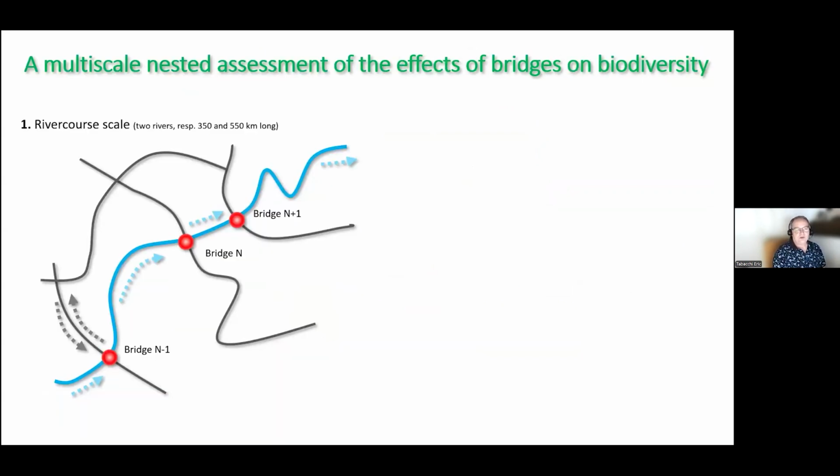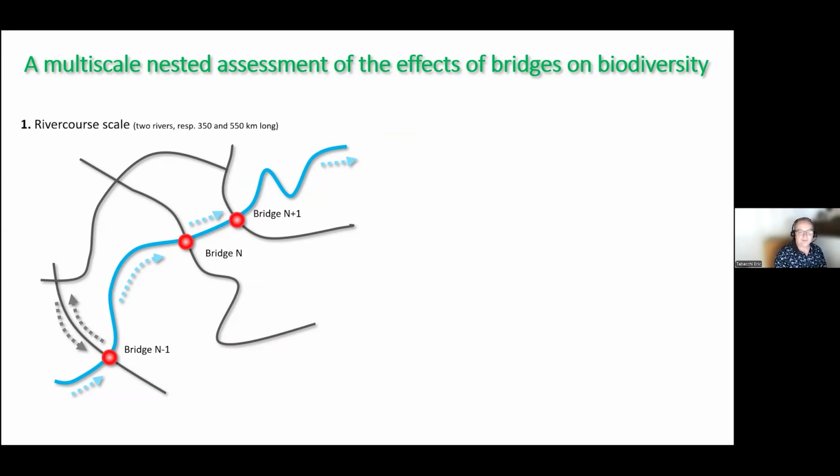As the construction of the database took a while, we decided first to focus on a particular data set in order to understand the effect of bridges on plant diversity.